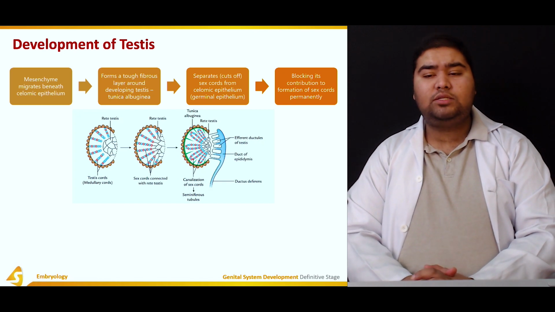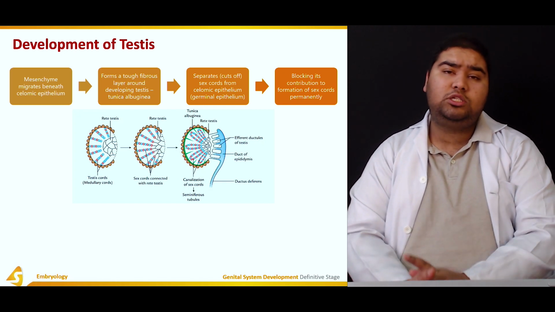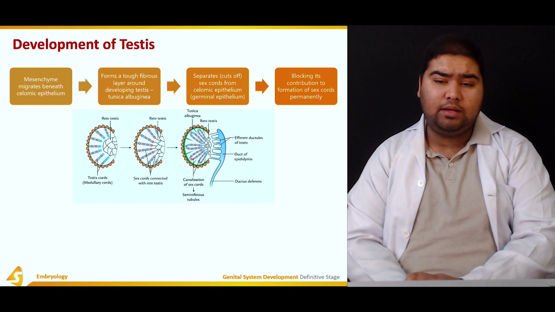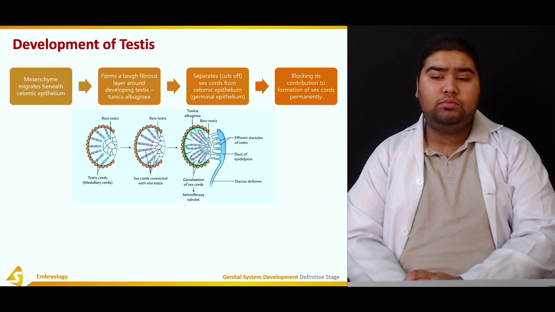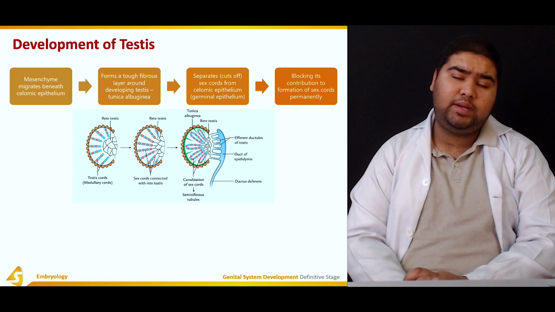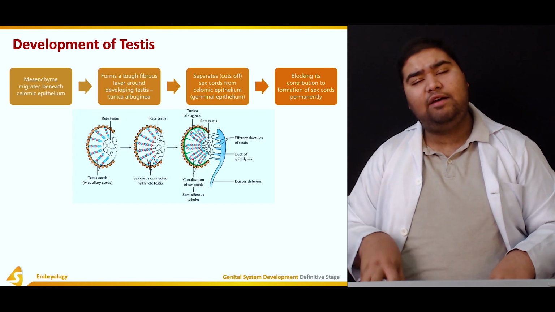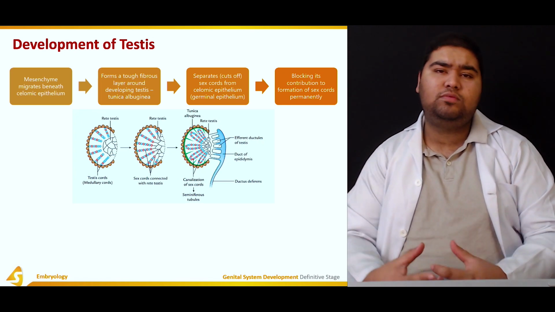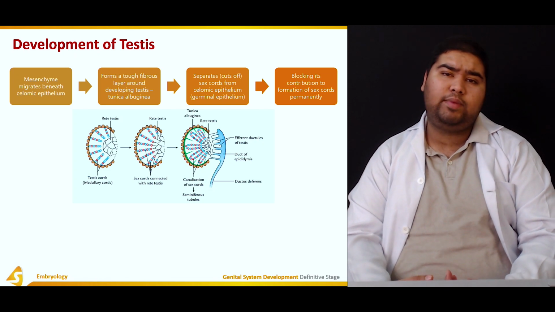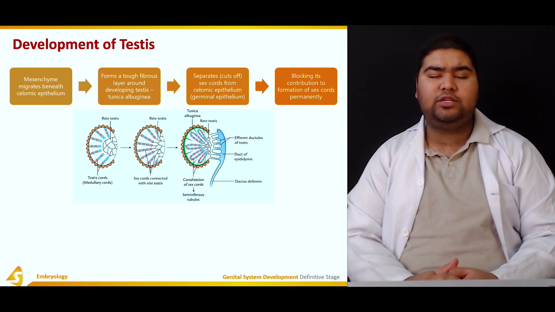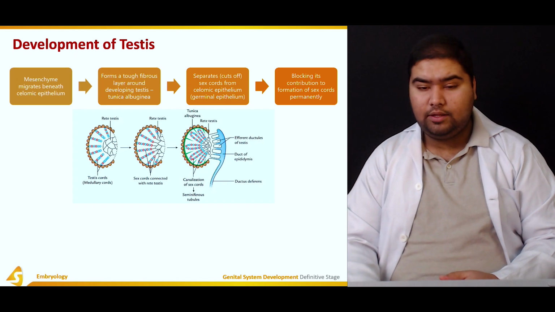So this blocks the contribution of the germinal epithelium or the coelomic epithelium to the formation of sex cords permanently. So the sex cords that have been formed will stay there, and no new cells would be contributed from the coelomic epithelium towards the development of the sex cords.